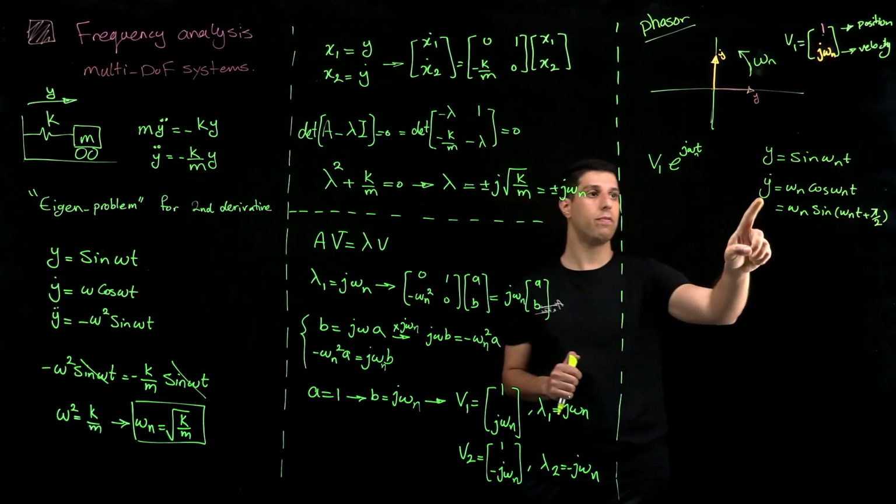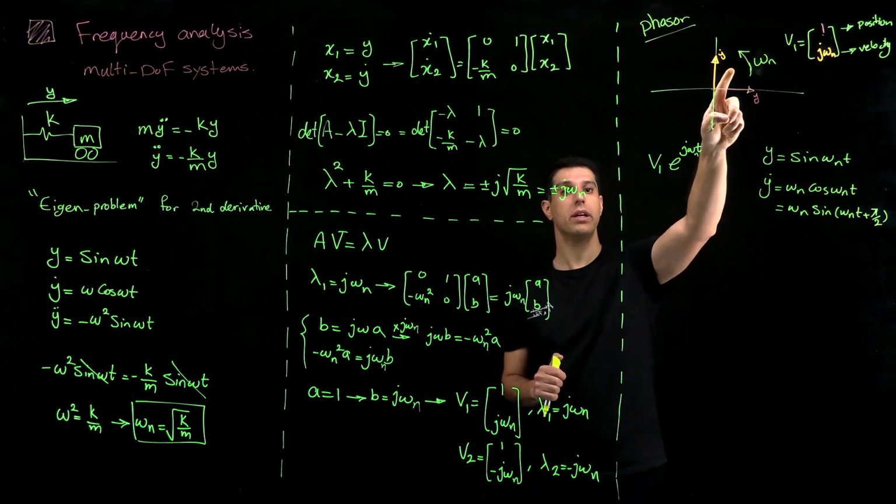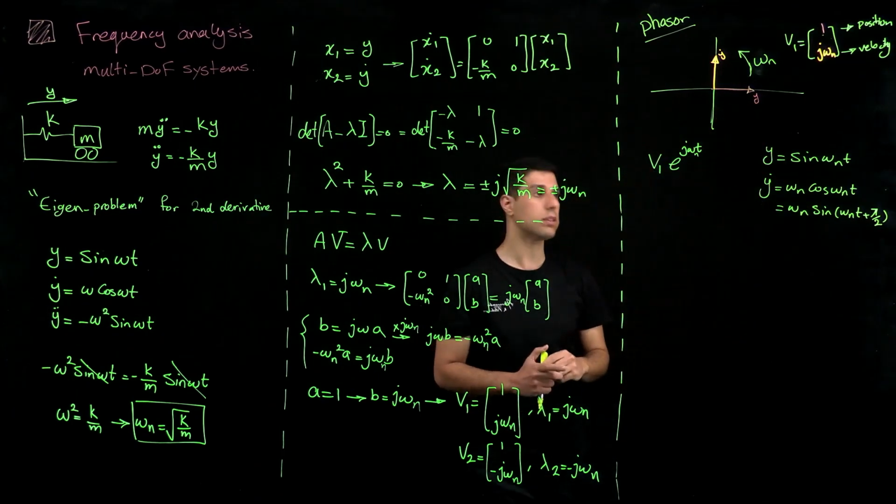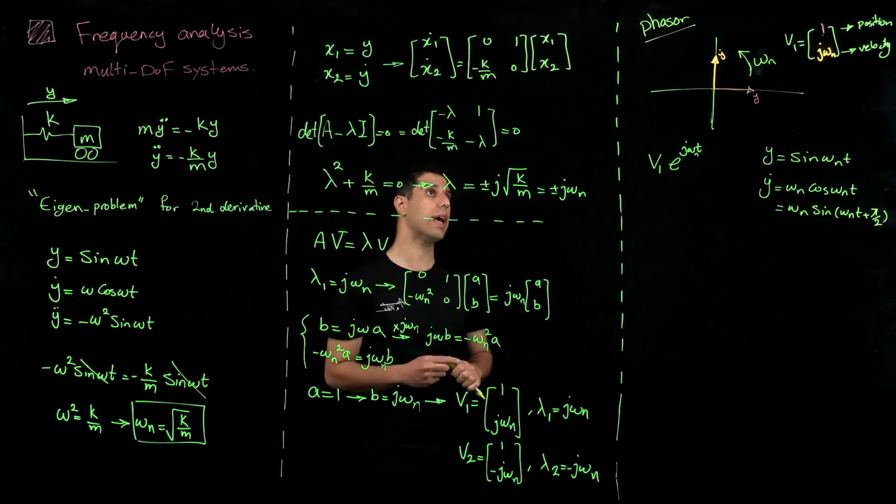So my velocity, same thing as happening here, is always 90 degrees ahead of my position.